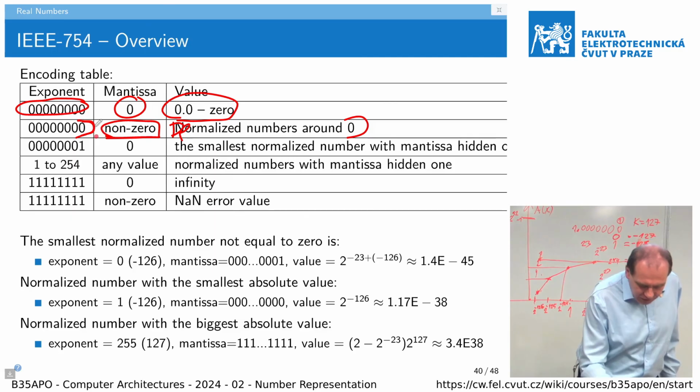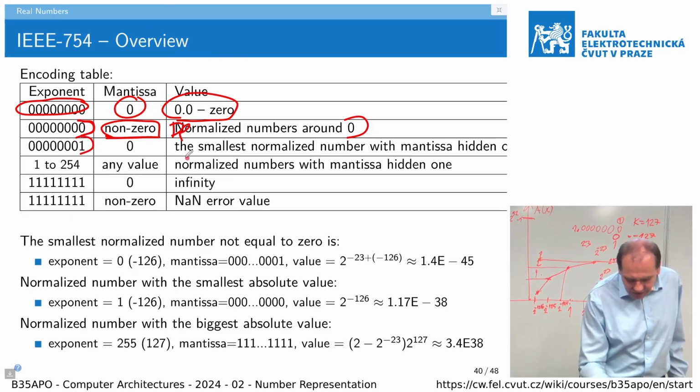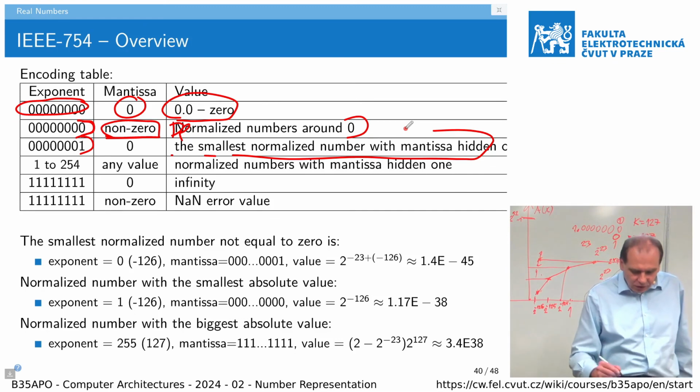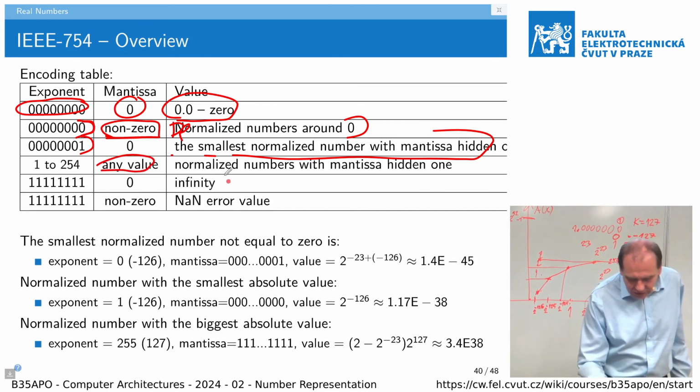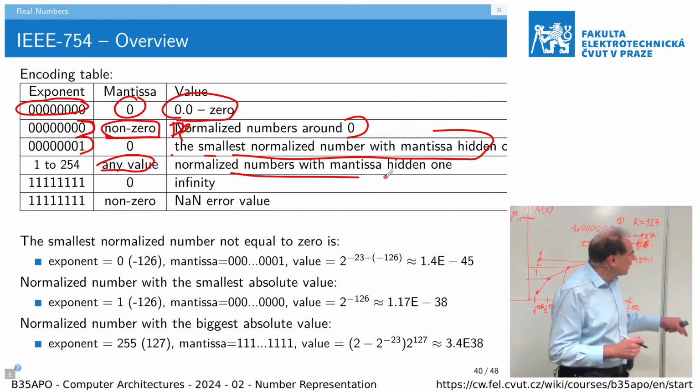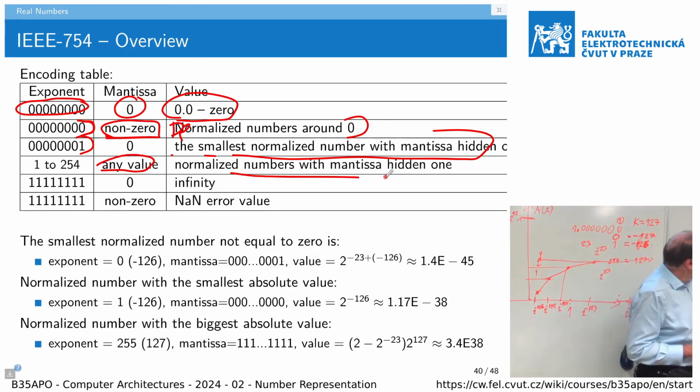And if the exponent is non-zero, then we have a normalized number which can be stored. And for any value here, we are in the range where the relative resolution is kept at the given value.